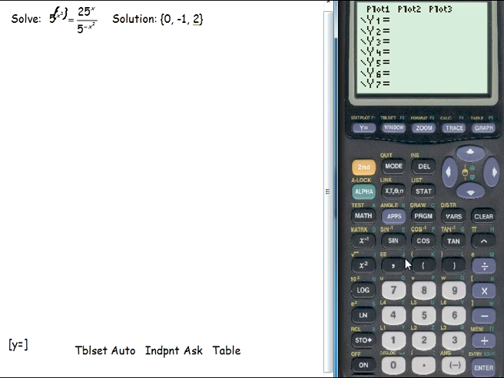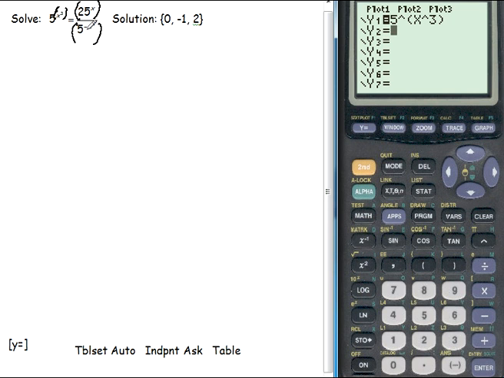And so we're going to enter for the left side 5 raised to the, in parentheses, x to the third power. So we'll have x raised to the third, close parentheses. And then we'll put the right side down, and both the numerator and denominator need parentheses around them because there are operations occurring in both of them.